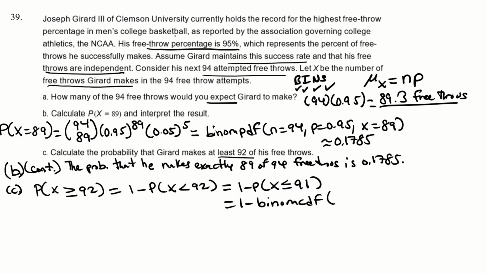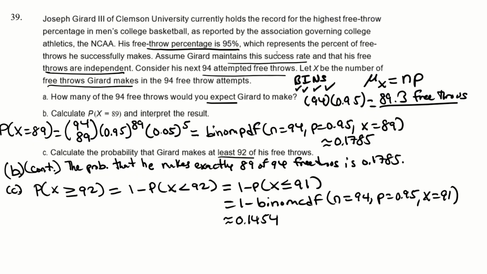Number of trials is 96, or 94, I'm sorry. The probability of success was 0.95, and x in this case is 91 for the function. All right, and if we do that, now we can use the binomial CDF function. That just makes things easier. So we should get about 0.1454.